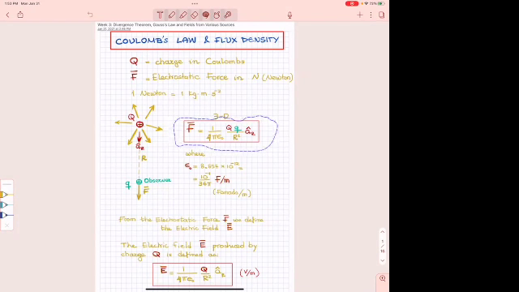And also, since the two charges are positive, say the Q charge is going to be forced away from the other charge, all right? So that's the direction of the force on charge Q. And this force is given by that.